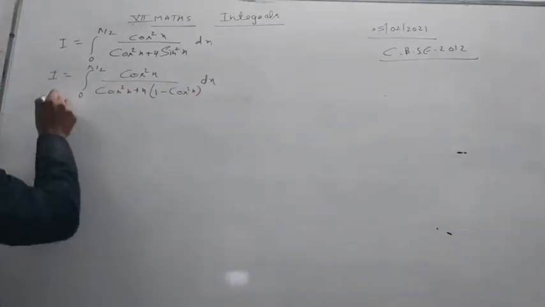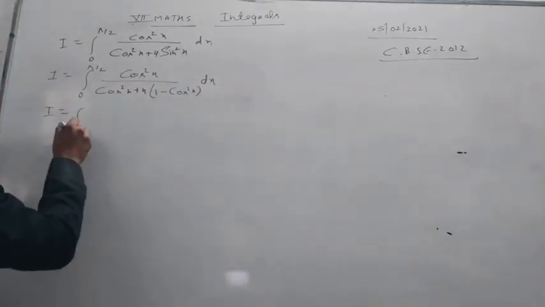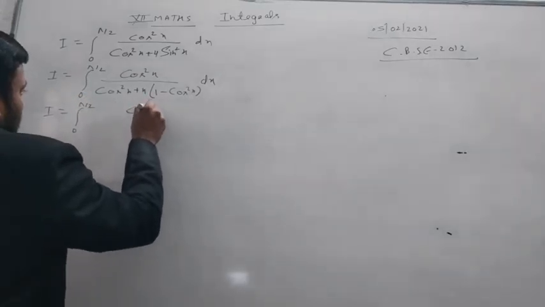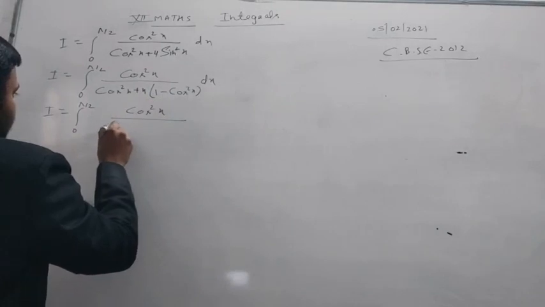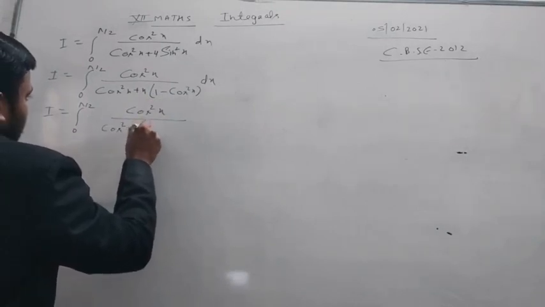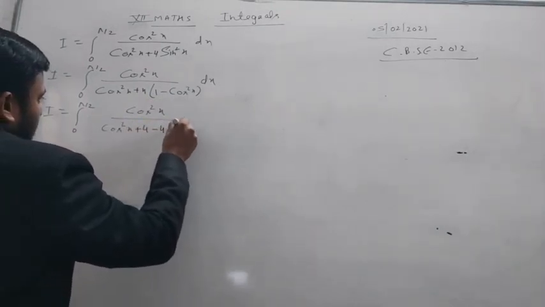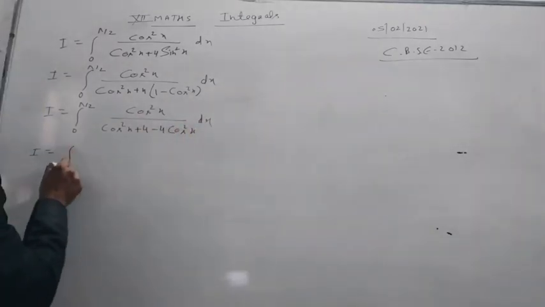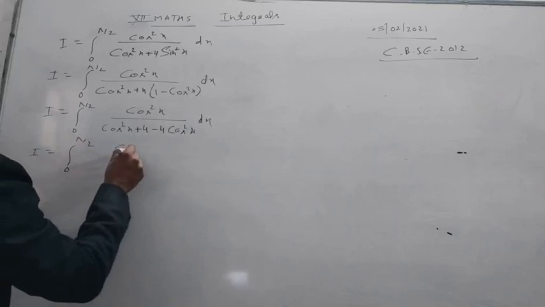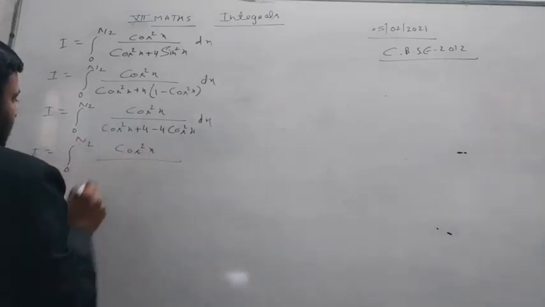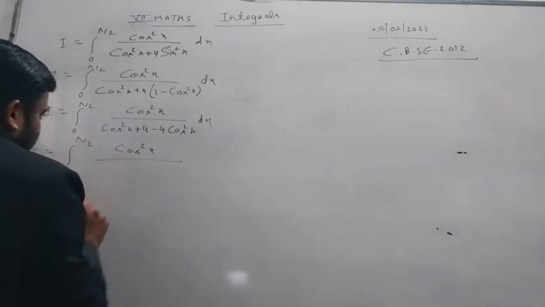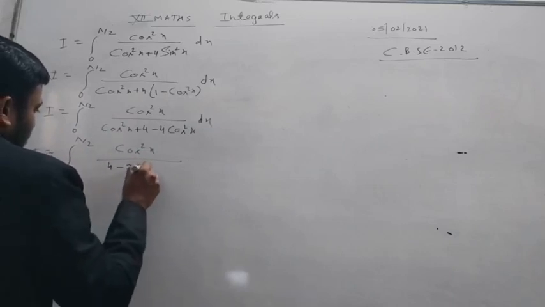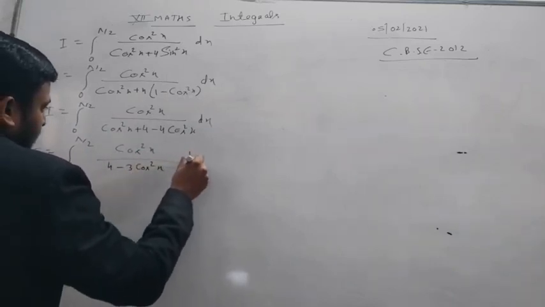Okay, students, and I is the integral from 0 to pi by 2 of cos square x by cos square x plus 4 minus 4 cos square x dx. I is the integral from 0 to pi by 2, students, of cos square x by 4 minus 3 cos square x dx.